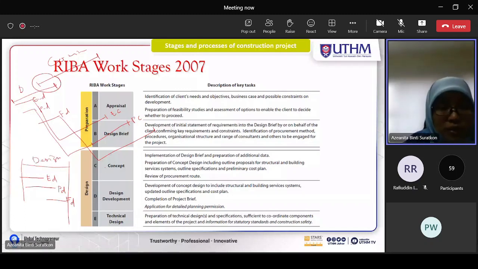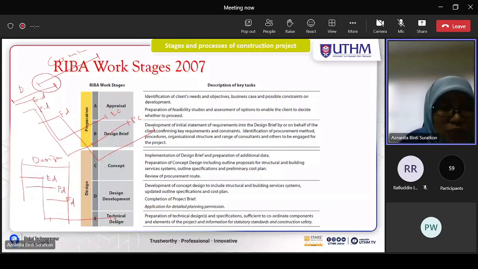But the good thing about design and build is that they can overlap the design and the construction work. For example, for this earthwork, the design is completed, they can call for bid, and then they can start the construction. For earthwork, this is the construction stage.